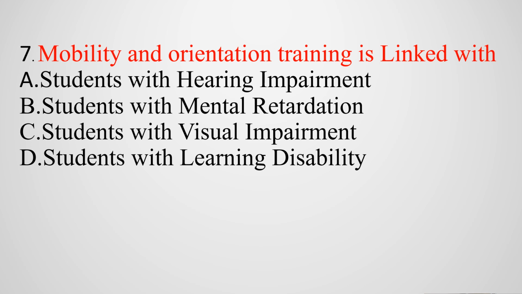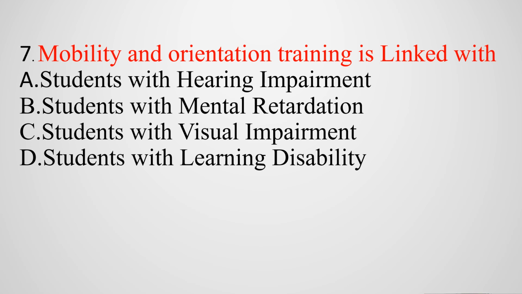Seventh one, mobility and orientation training is linked with. Mobility means motor skills. The options are student with hearing impairment, student with mental retardation, student with visual impairment, student with learning disability. So who requires mobility and orientation training?